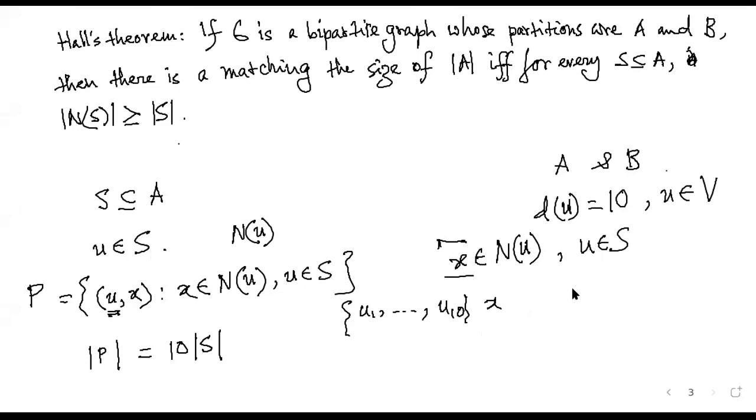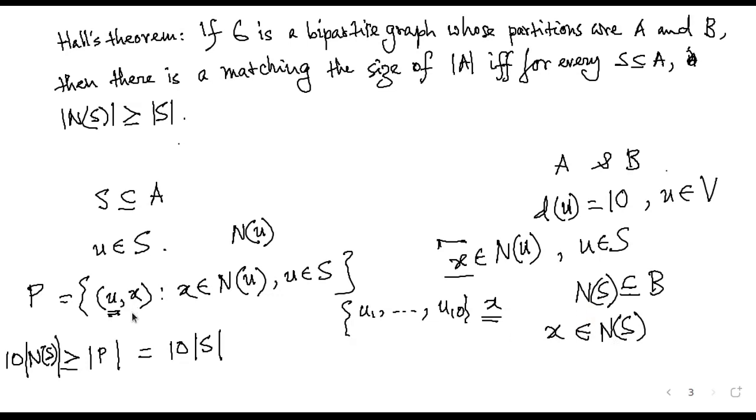So if we define the set NS, which is a subset of B, so that NS is the set of neighbors of S, since each x can occur at most 10 times in this set P, we say the cardinality of P is bounded by 10 times NS, because for each x in NS there can be at most 10 elements.